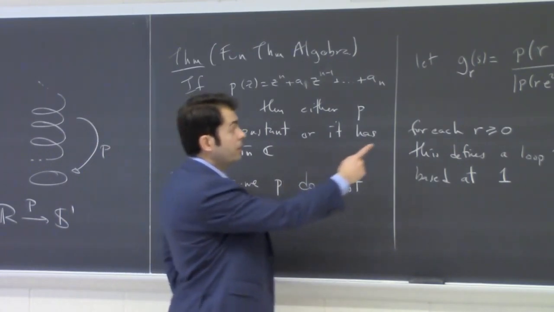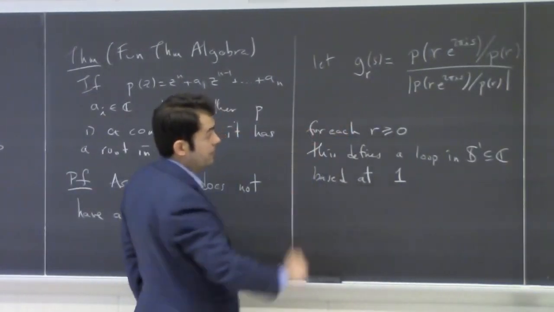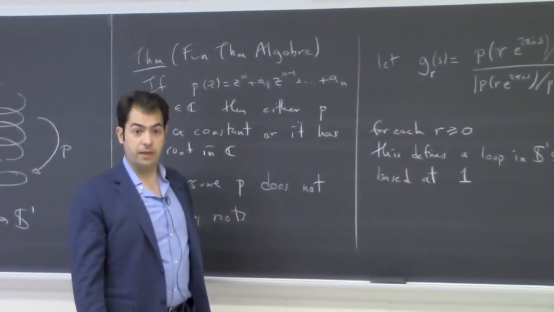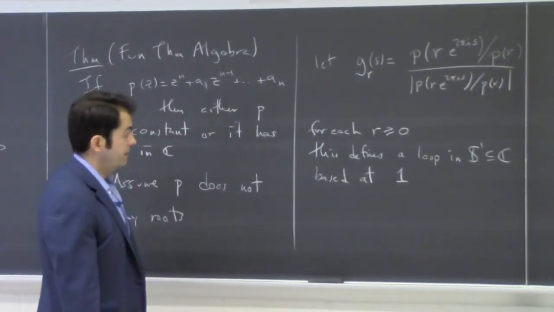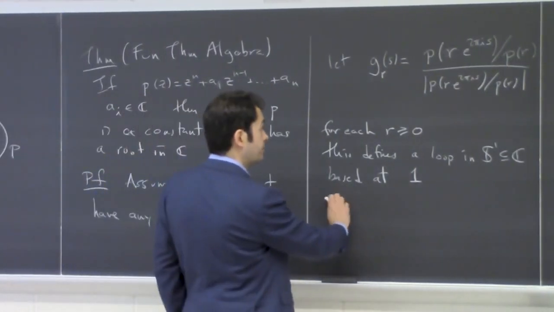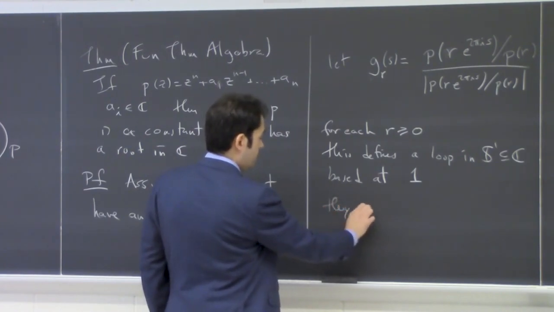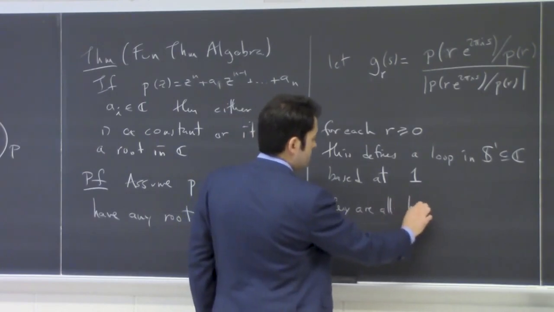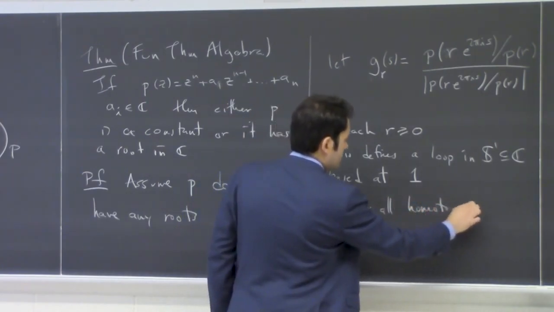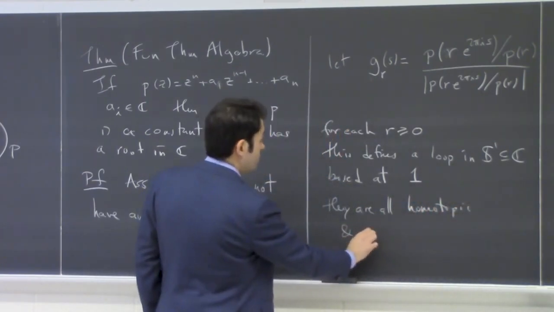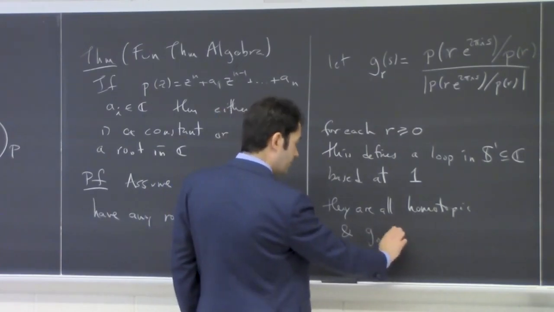Okay, they are clearly all homotopic because this is a continuous family in r. And so they are all homotopic. And g sub 0 is the constant loop.